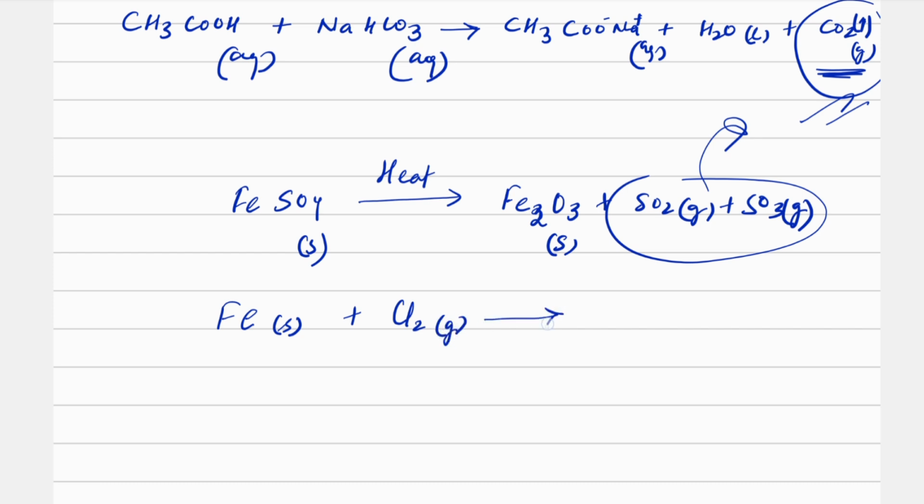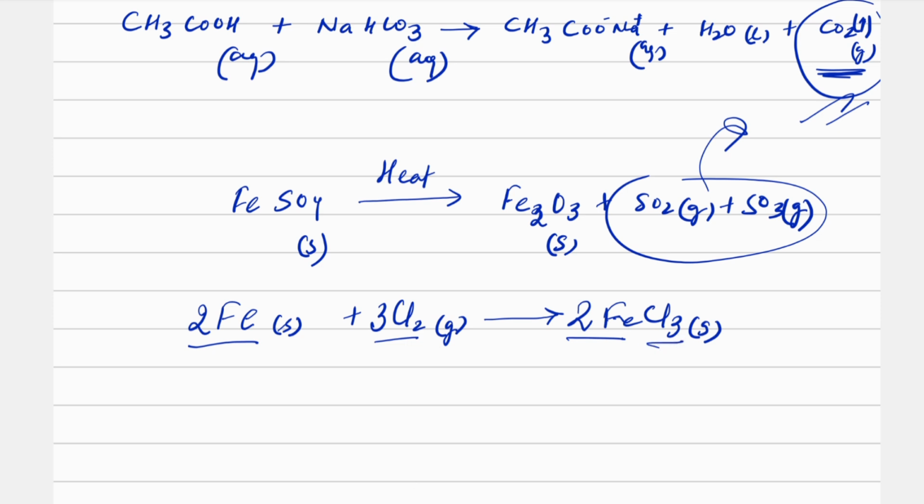They are reacted with each other, and FeCl3 in solid form, which is ferric chloride, is formed. There are 2 iron, 3 chlorine molecules and 2 FeCl3. Now you can see 2 iron on both sides and 6 chlorine on both sides are present.